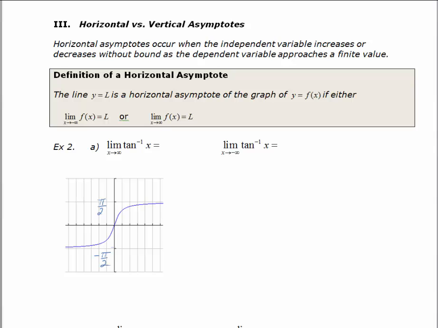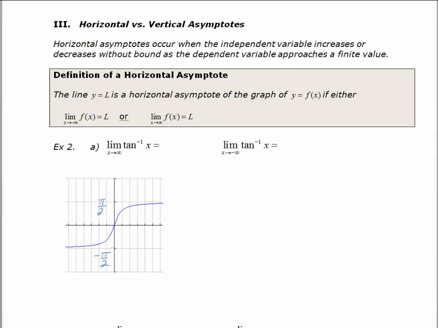And so as x approaches infinity of the inverse tan function, we can see as x gets really, really large, the y values are approaching a finite value. That finite value is pi over 2. Now we're not going to hit pi over 2, but we're going to approach it. And eventually, this function will flatten out and almost look like a horizontal line. It looks like that asymptote.